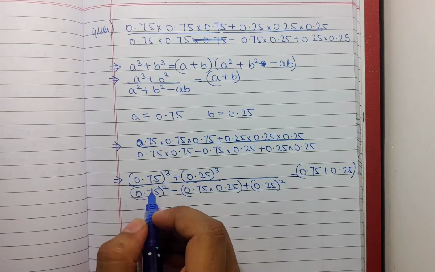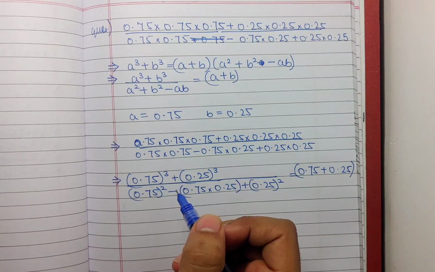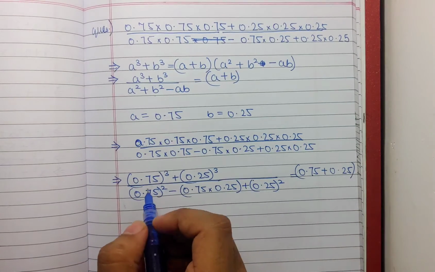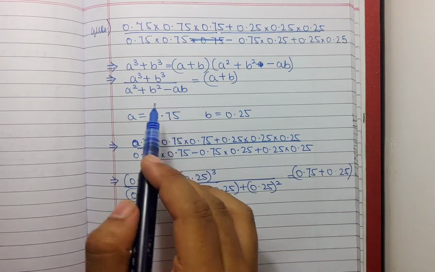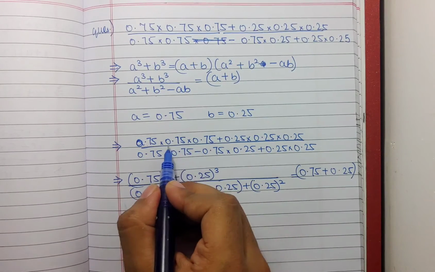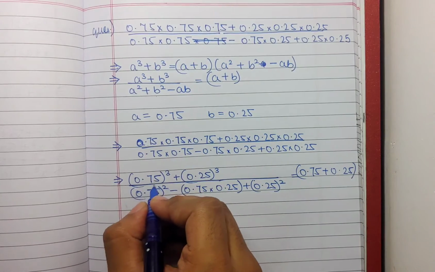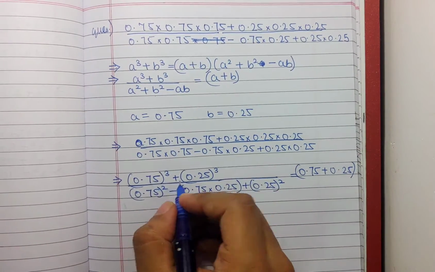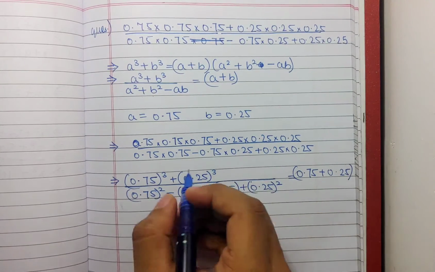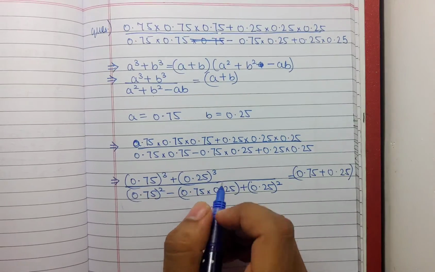Here 0.75 is written three times, so we write it as 0.75 cube, and 0.25 is written three times, so we write it as cube.